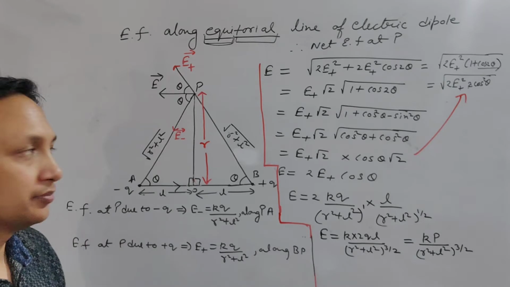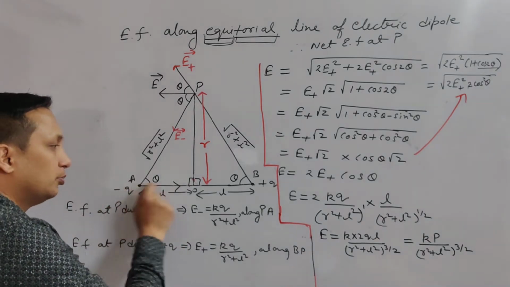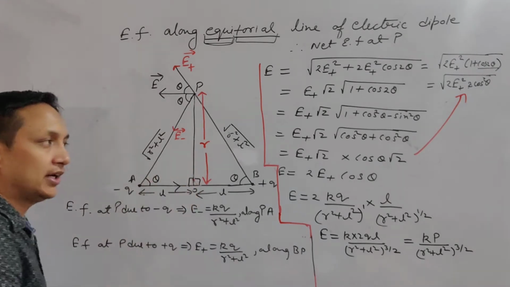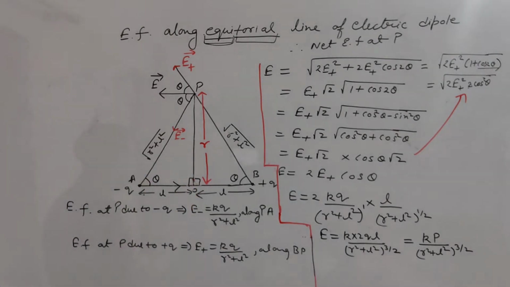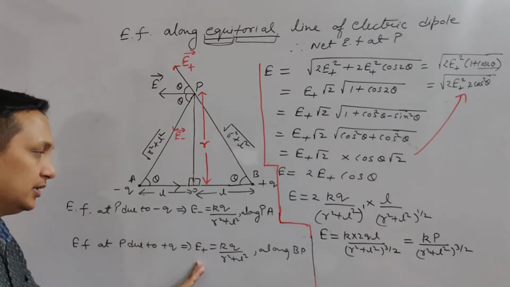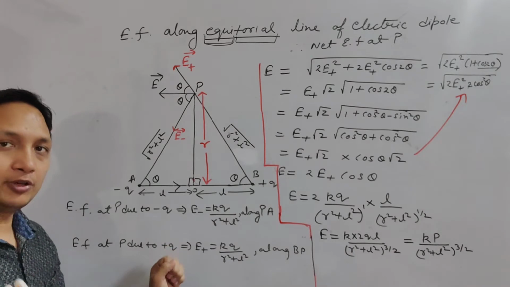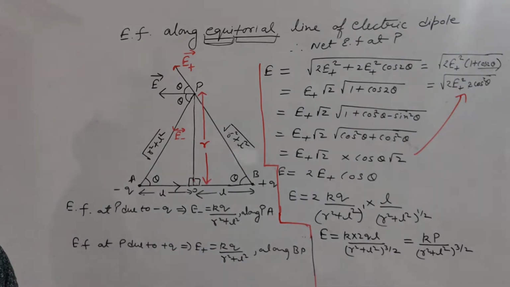Yes, it will be the same. Why? Because both have the same magnitude Q, distance is the same, therefore electric field intensity will also be the same. Is it clear? E minus and E plus, formula due to point charge. We are using only the magnitude part while doing derivations and numericals.